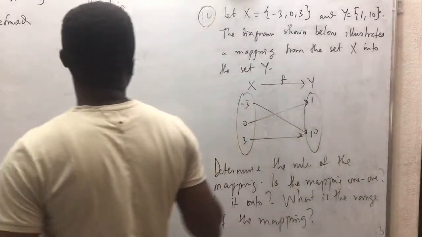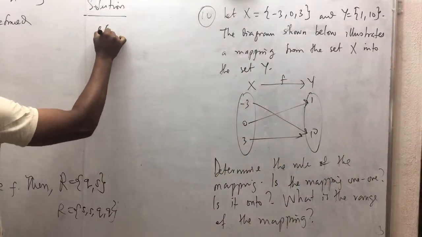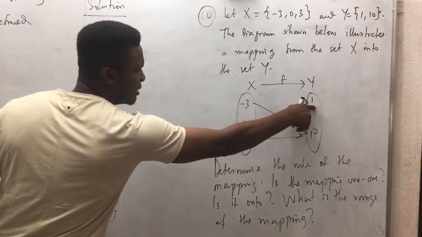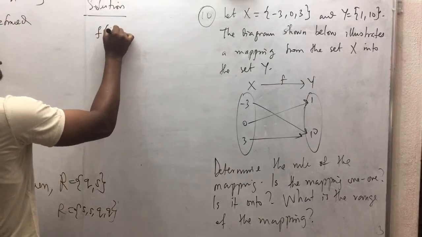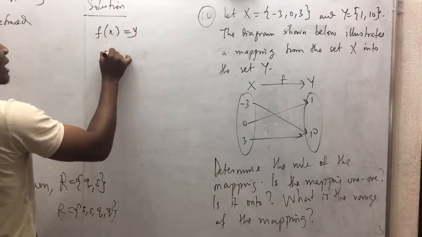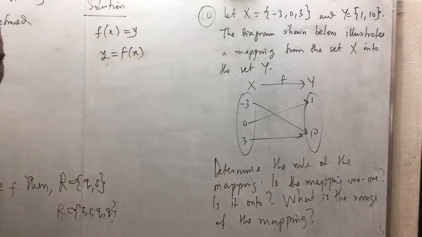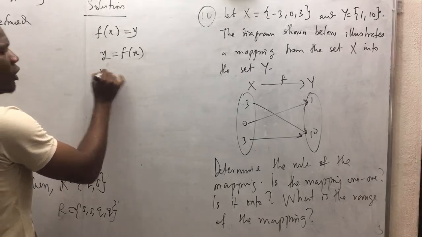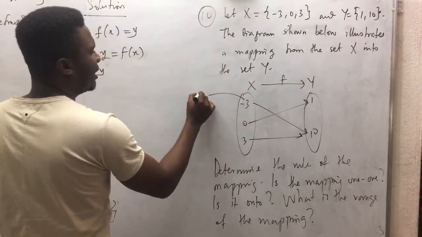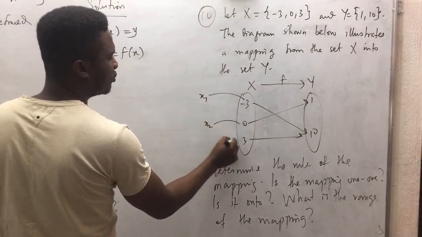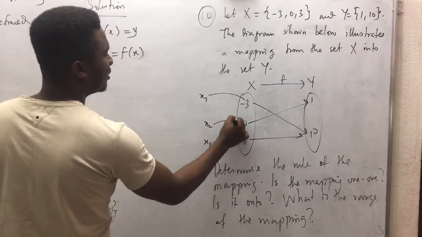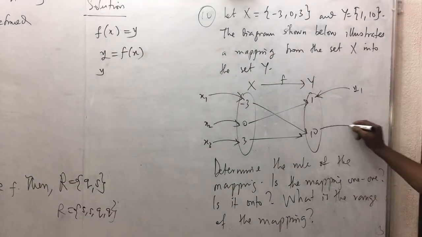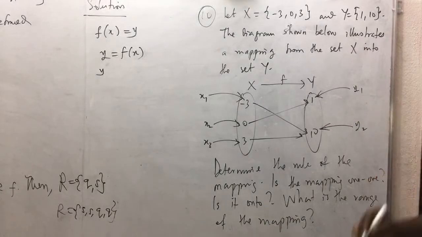Now, a quick observation, if the function is f, it means it is f of an element x here that gives an element here. So let us say f of x gives y, or you could write it as y equals f of x. Now, you will notice that if we call these x1, x2, x3, corresponding to them are y1 and y2.